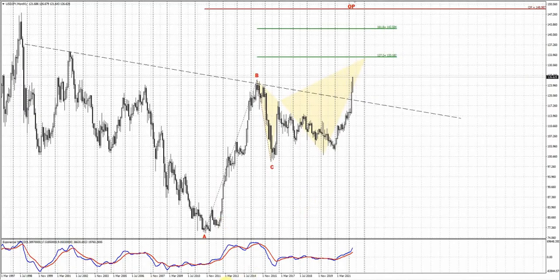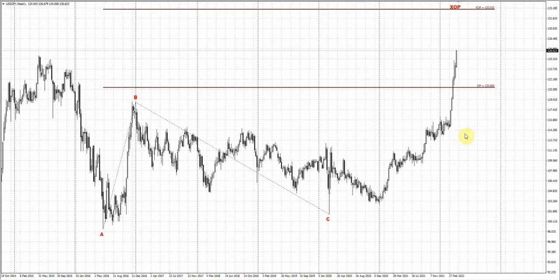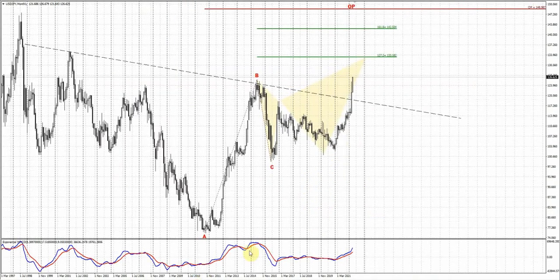On the weekly chart, we also see that inside this butterfly, this ABCD pattern, we have another target, which also stands at 133. This level agrees perfectly with the target of the butterfly right here. So we can see the XOP agrees with this level. That's the next level to watch for.